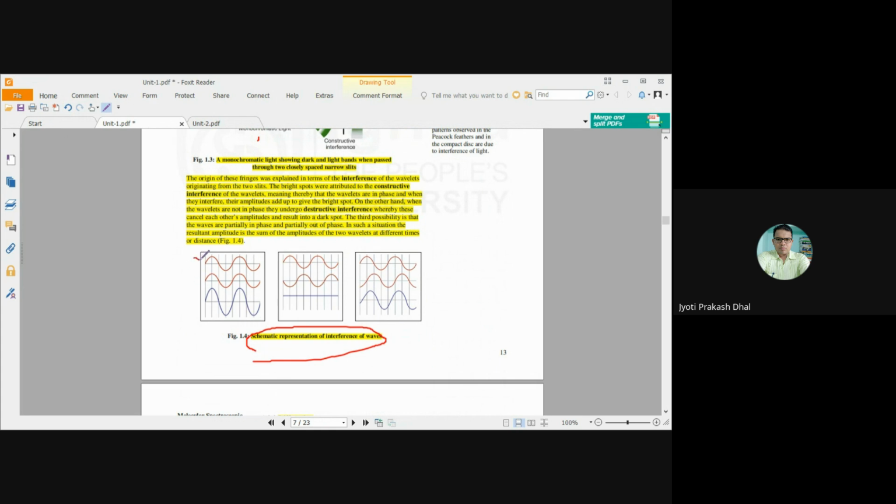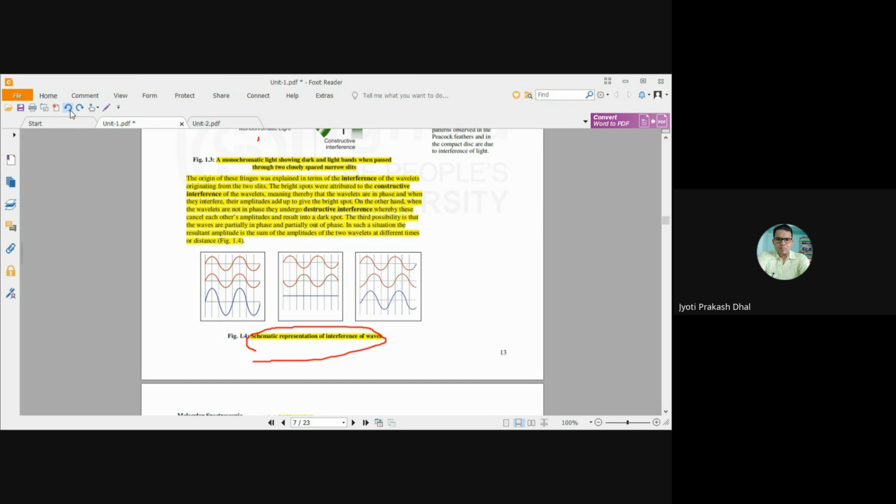Suppose these are two waves passing through the slits, and if the two waves merge such that the amplitude of the resultant wave equals the summation of the amplitudes of the two waves, then this type of interference is called constructive interference.